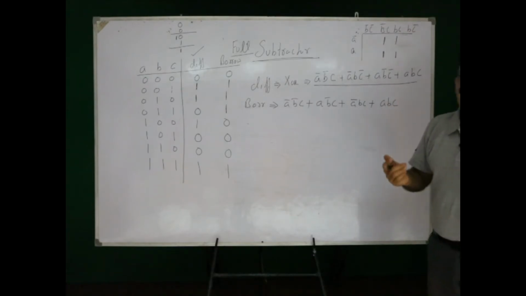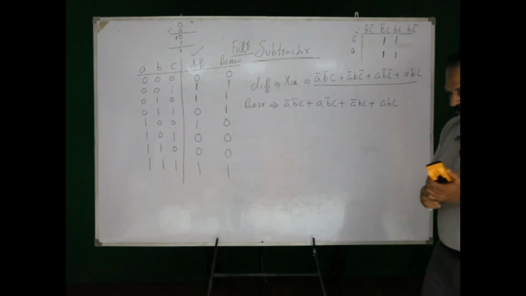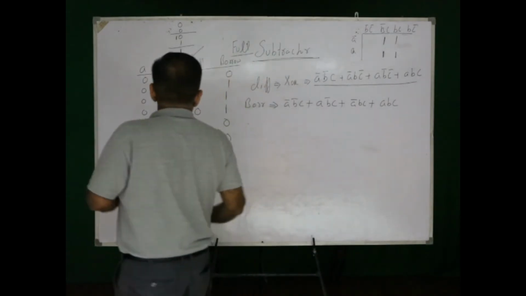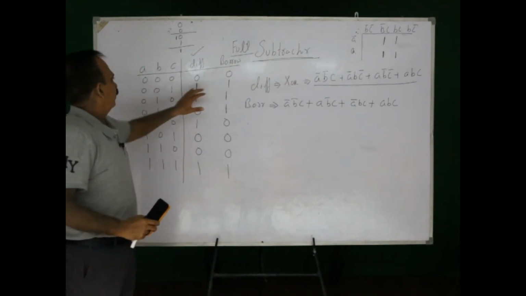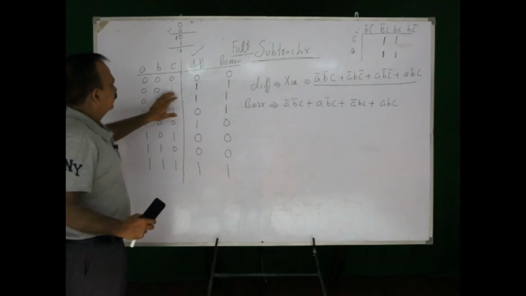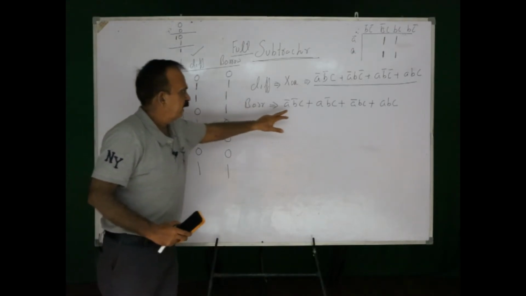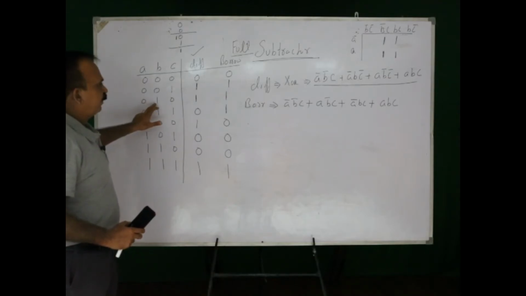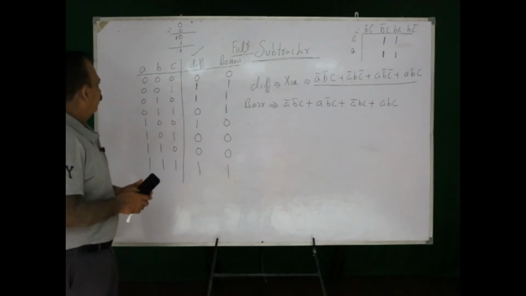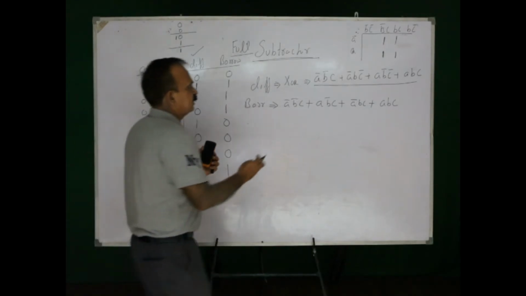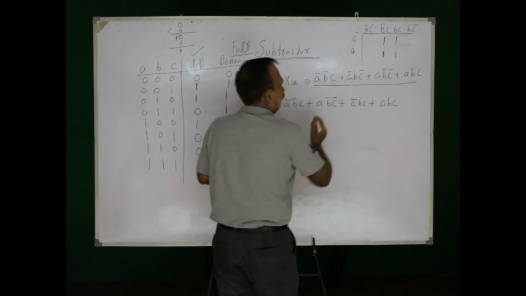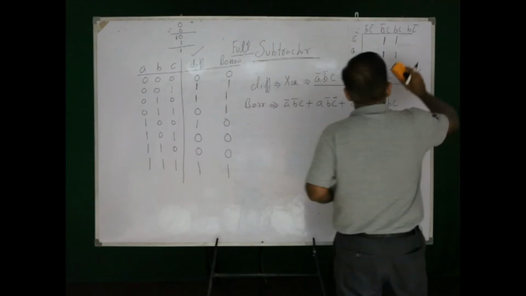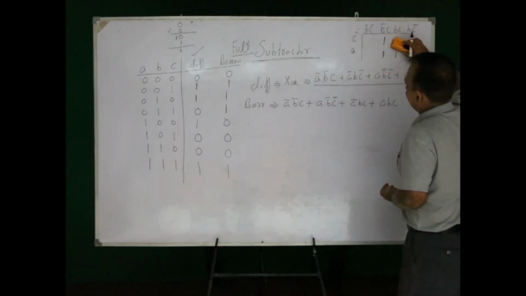Now we can simplify this expression. First, again I am repeating how I got this. This one is A bar B bar C, because this entry is 1. The next one should be A B bar C bar, this should be the entry A B bar C bar.